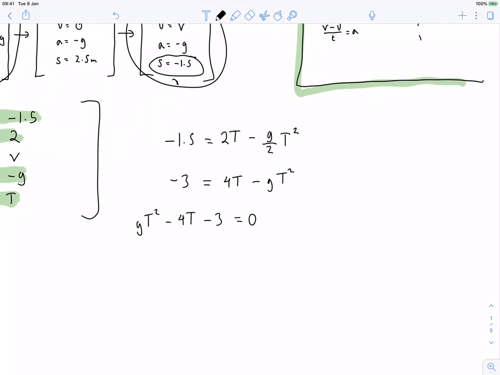So you can either complete the square or use the quadratic formula. So t equals minus b, so that's going to be positive 4, plus or minus the square root of b squared, which is 16, minus 4 lots of a, which is g, times c, which is minus 3, all over 2 lots of a, which is 2g.